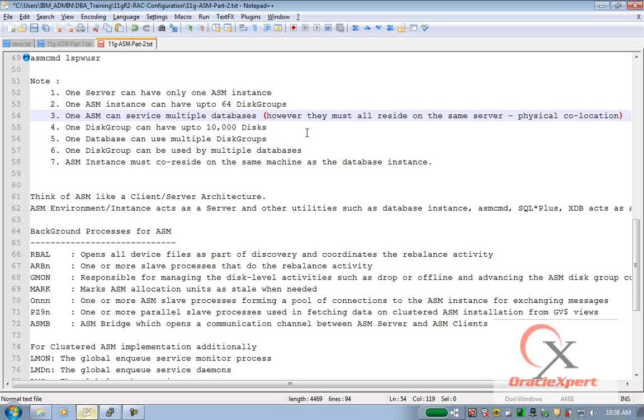One ASM instance can service multiple databases or database instances. However, they must all reside on the same server. Means a physical co-location is mandatory.